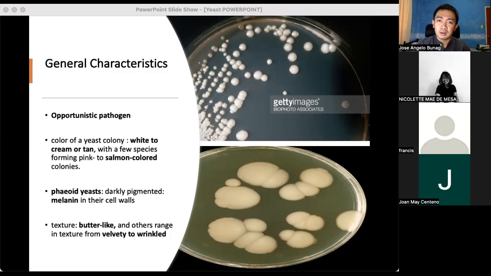So they do have hyphae, but usually they are considered to be darkly pigmented, and the one responsible for that dark pigment is your melanin. So that is your phaeoid yeast. With regards to the texture, they are butter-like and others range in texture from velvety to wrinkled.